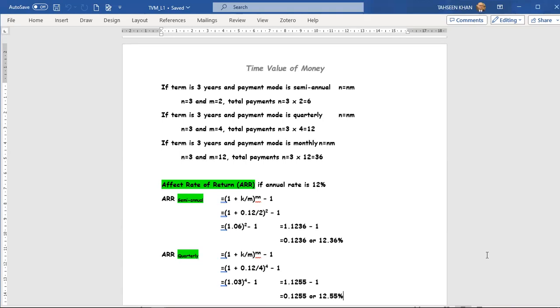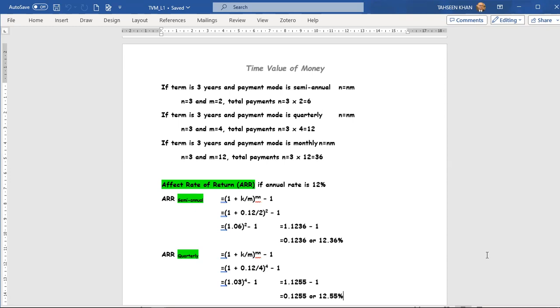Now we are going to calculate the effective rate of return. If the annual rate is 12% and payments are semi-annual, in that case, (1 plus K divided by M) to the power M, minus 1. M is 2, so here (1 plus 0.12 divided by 2) to the power 2, minus 1, comes to 12.36%.